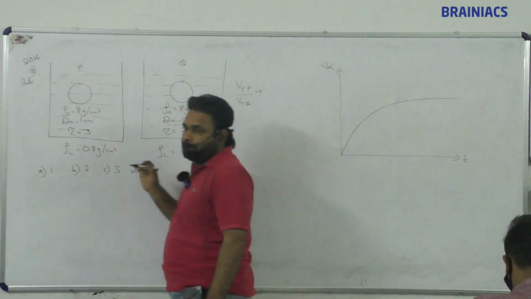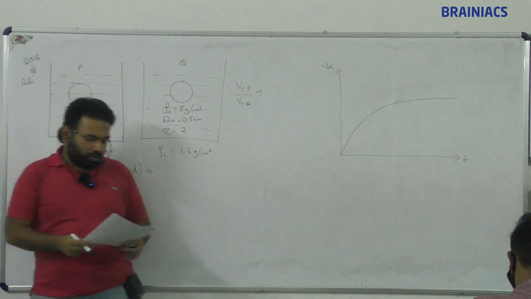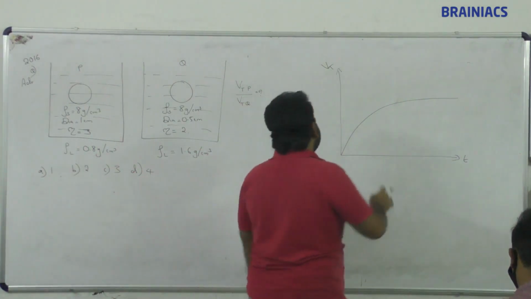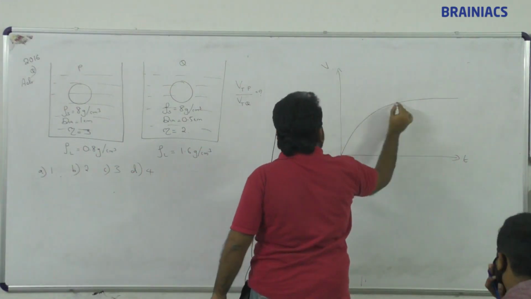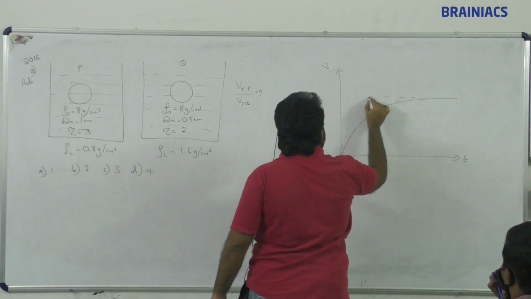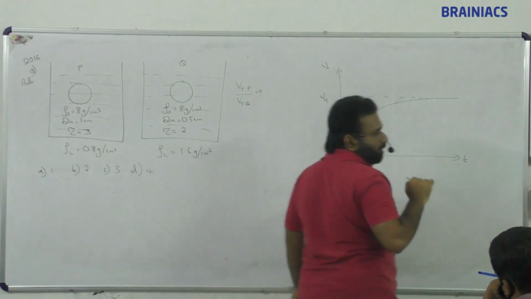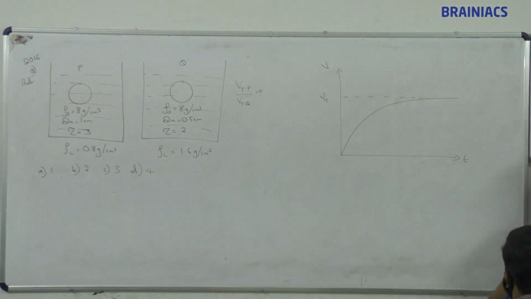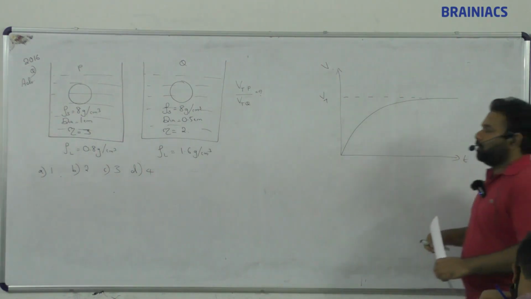It will become constant. The velocity will be increasing, actually. We can say this is v, and when this becomes constant, that is the terminal velocity. Clear? Okay, clear? All right, children.